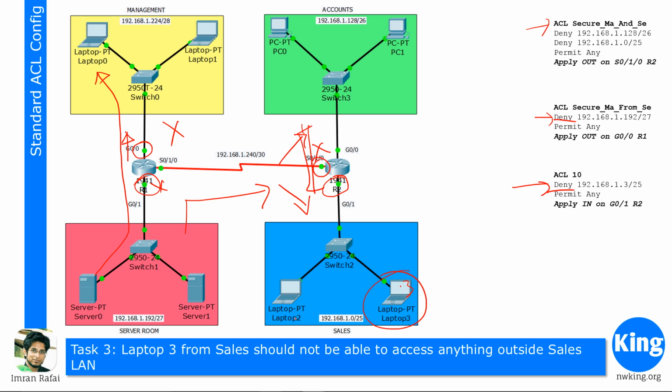So if laptop 2 wants to communicate, that ACL has no effect, right? It can, because of this filter, this cannot go outside, but it definitely can go to the account. So he can communicate to accounts, no problem, because this ACL will not block it because he is not filtered. It's only filtered for 192.168.1.3, right?